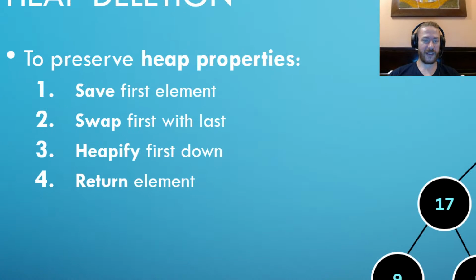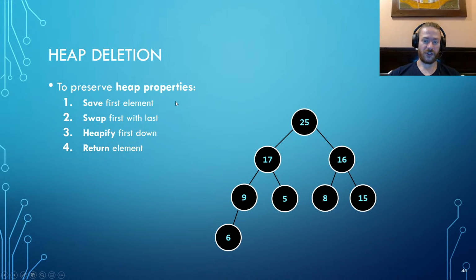So the algorithm is, we save the first element because we need to return it to the client code which wants the element. Then we swap the first element with the last, and then we heapify the swapped one down until the condition is satisfied.